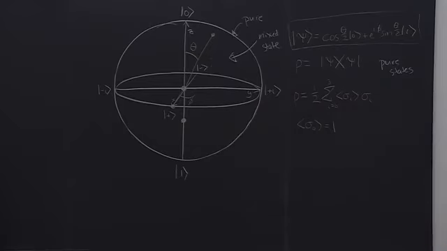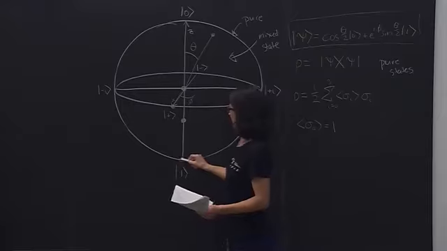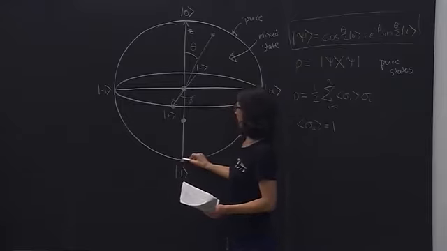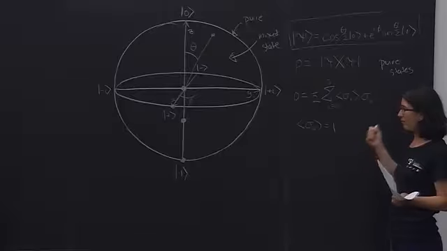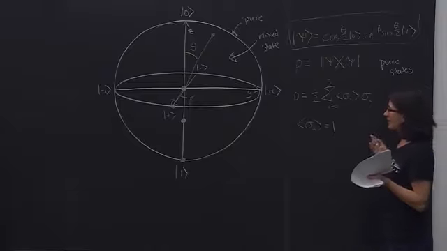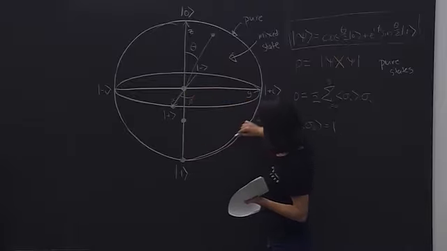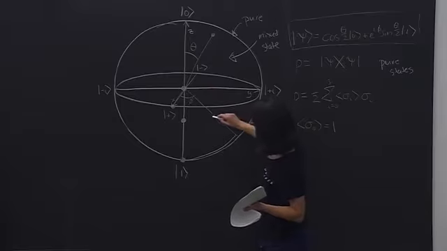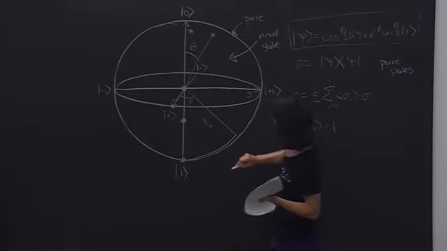So one way that you could make this preparation and get these statistics is to do the following thing. You could prepare the state 1, and then you could flip an unbiased coin, and if you get outcome H, you could rotate the state by some angle, pi on 4.